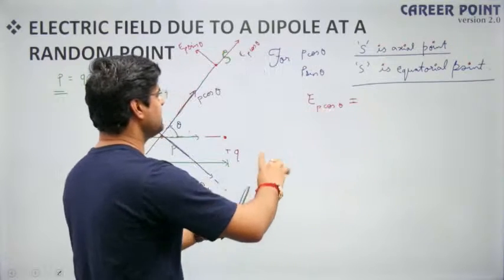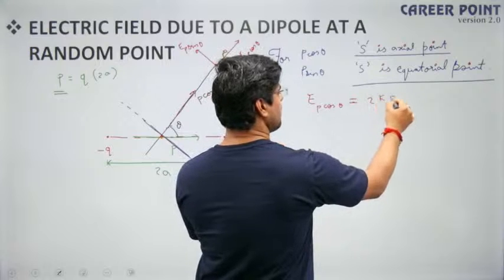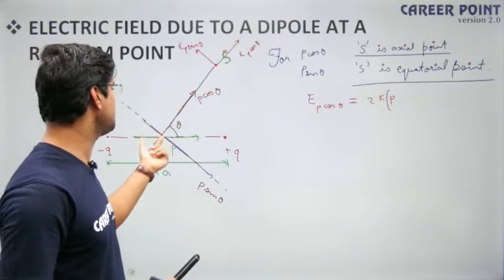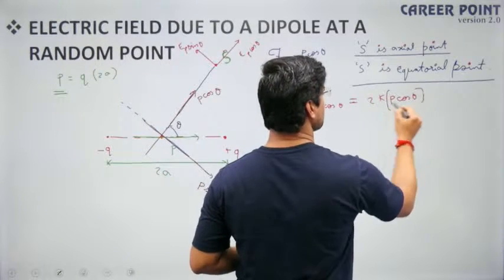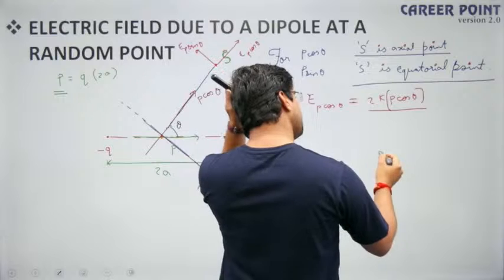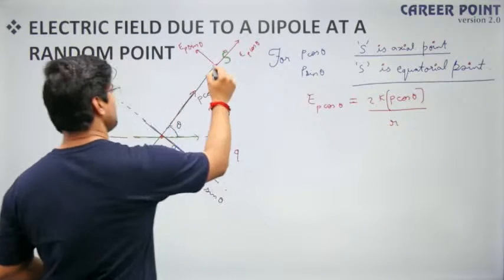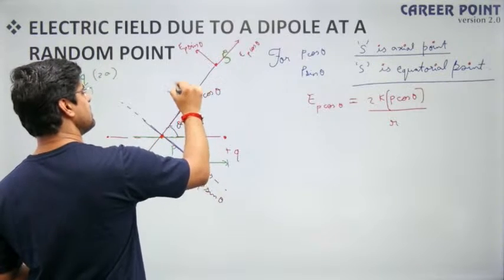E P cos theta is equal to how much? 2 kp, where p means dipole moment in the axial direction. What is dipole moment in the axial direction? P cos theta. So 2 kp cos theta by r cube. Let's say the position of S from the middle of this dipole is r distance away.